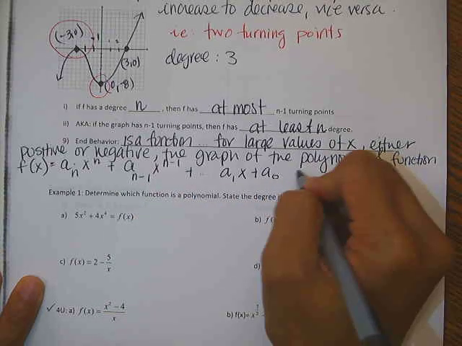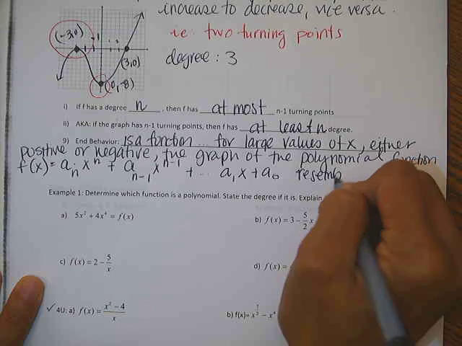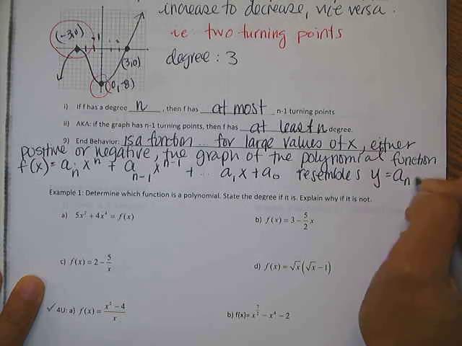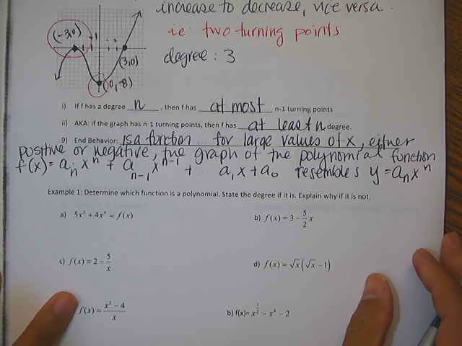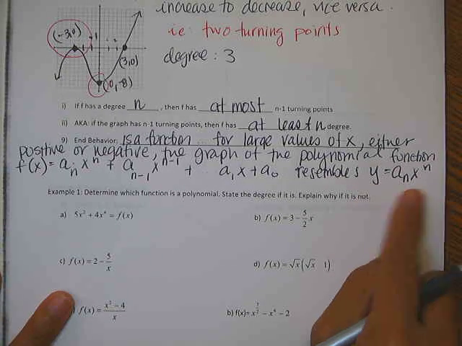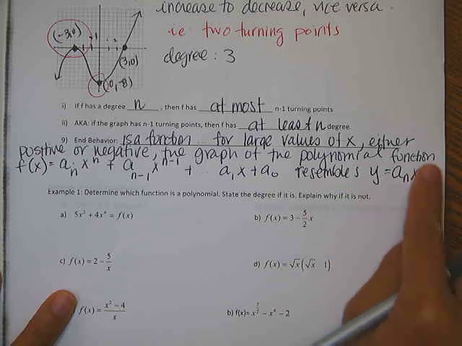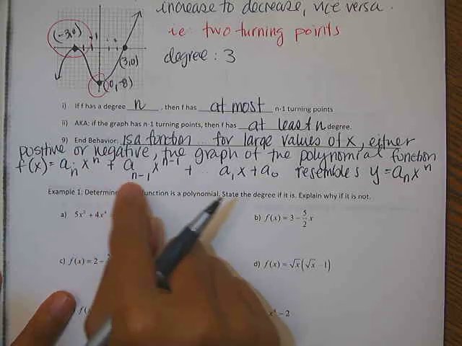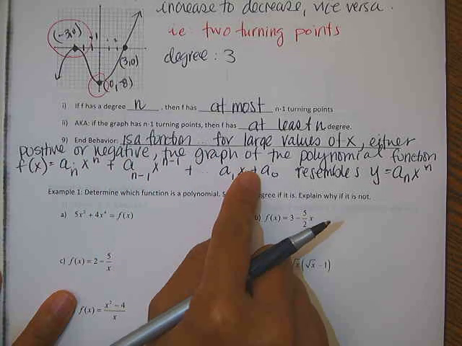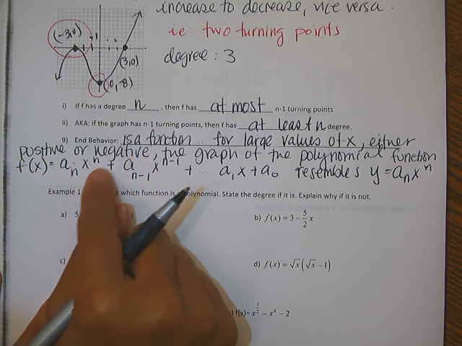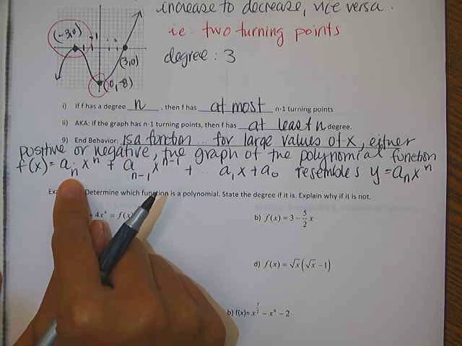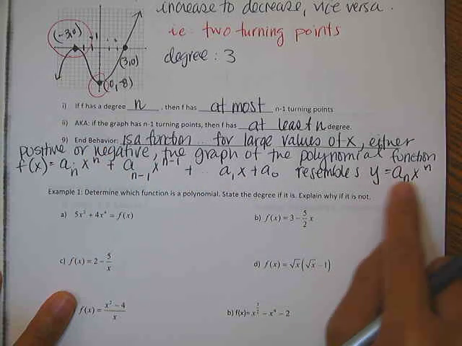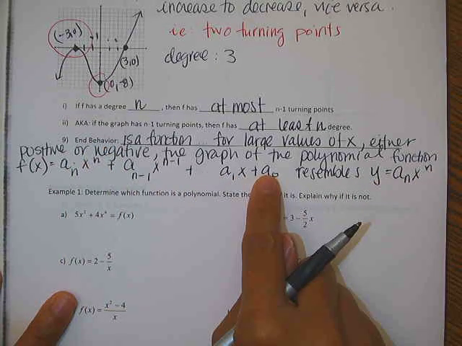This graph resembles y equals a sub n times x to the n for large values of x. That's what it means. Okay, so this is my end behavior right here. Because as x gets really, really, really large, okay, these things don't matter as much. So the only thing that's going to matter is this very first term. So what you want to get out of this is the end behavior is pretty much the first term if you write it in descending order. Okay?